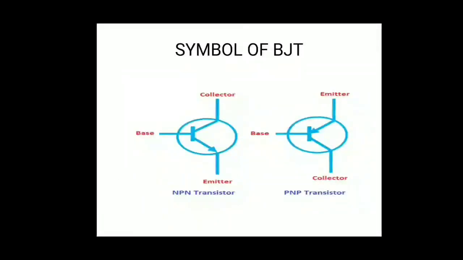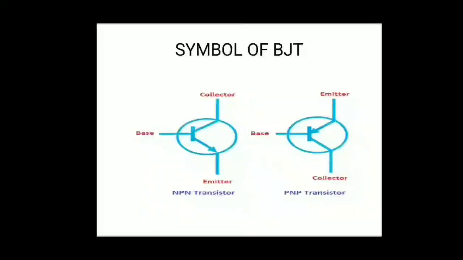Next, the symbol of BJT, which consists of three terminals: base, emitter and collector.